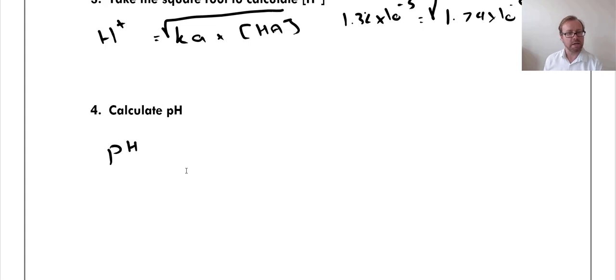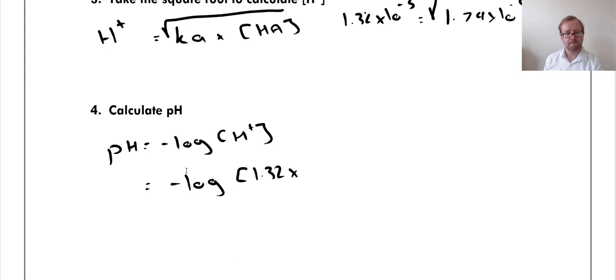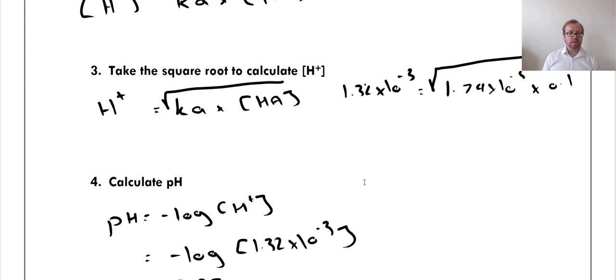Now I have my concentration of the acid using this formula, minus log of 1.32 times 10 to the minus 3, which gives me a value of 2.57. Again, I think it's quite an easy calculation as long as you can rearrange the equation and you can remember the expressions to calculate a weak acid.